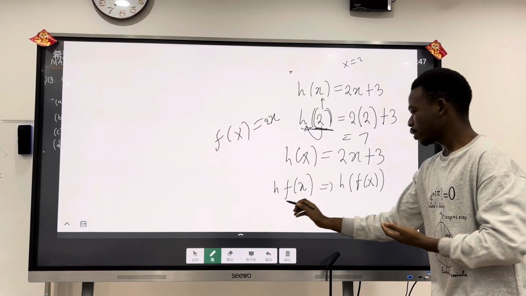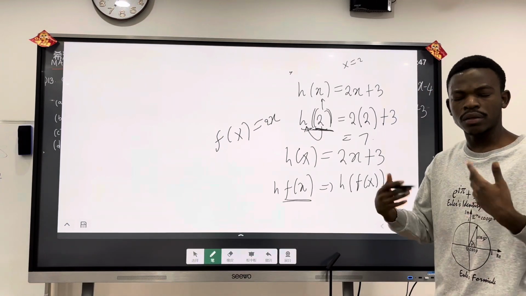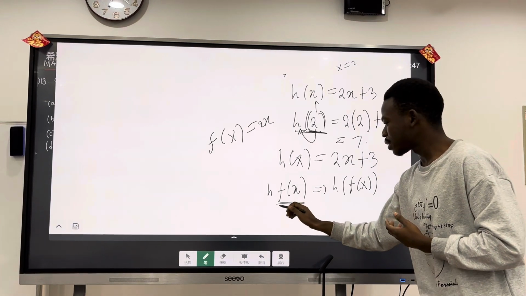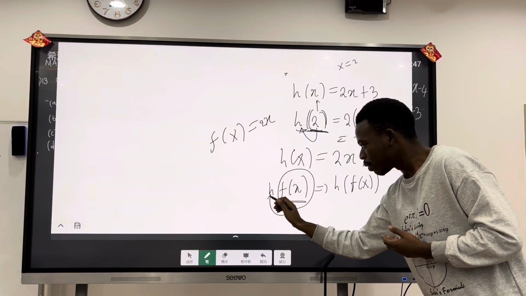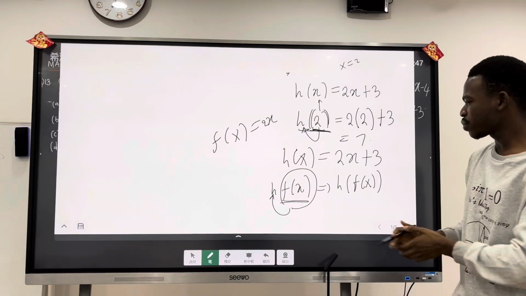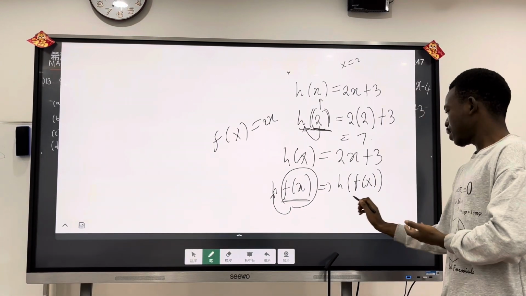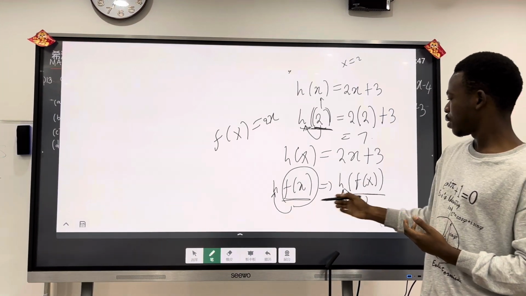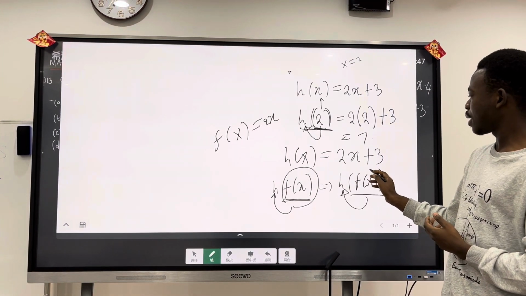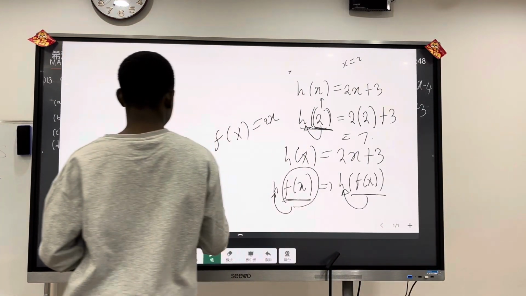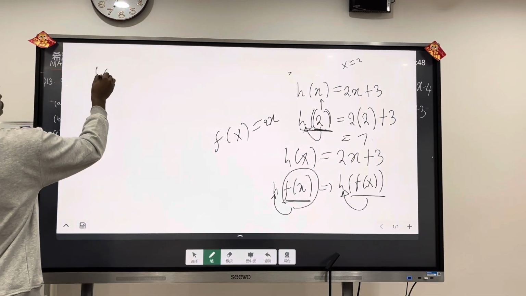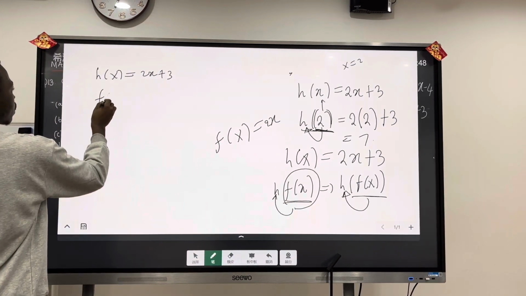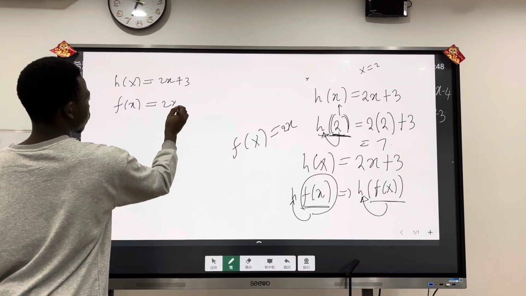So now, we don't have a certain value, say 2 or 3 or 4. We don't have a number. What we have is the entire function going where there's x in h. So if we say h of f of x, we mean this entire function should go where there's x. We know that h of x is 2x plus 3, and f of x is 2x.